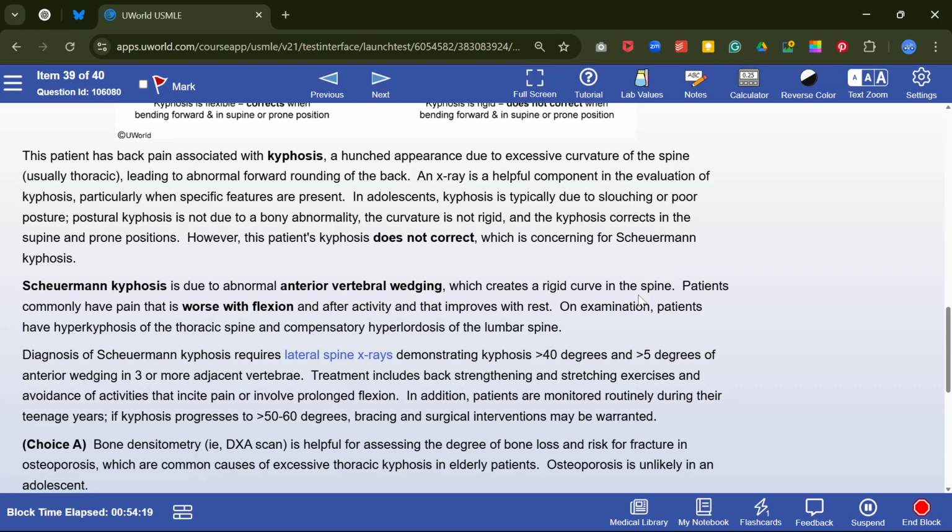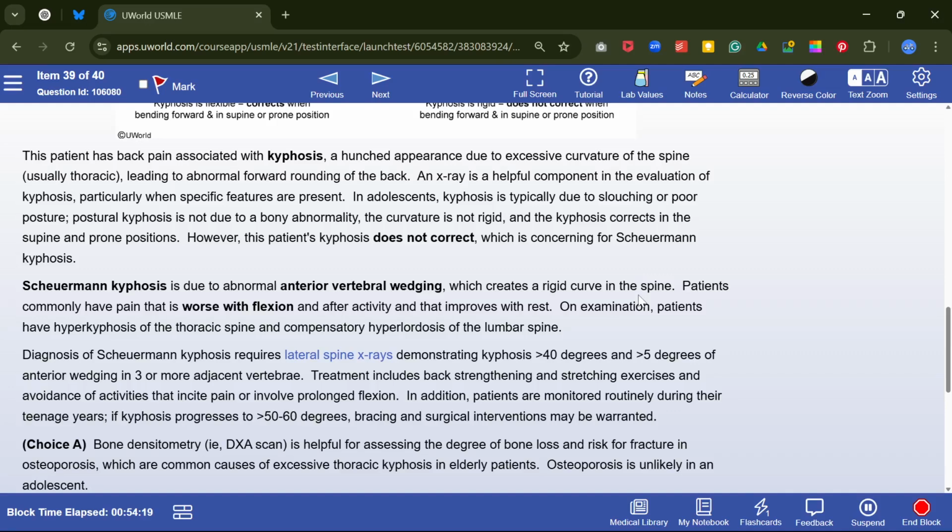Diagnosis of Scheuermann kyphosis requires a lateral spine X-ray demonstrating kyphosis of more than 40 degrees and more than 5 degrees of anterior wedging in 3 or more adjacent vertebrae.